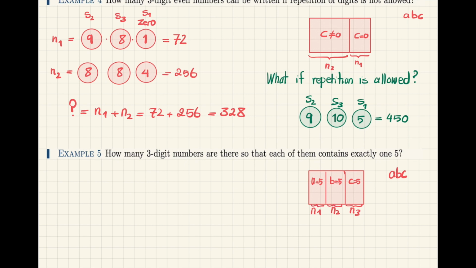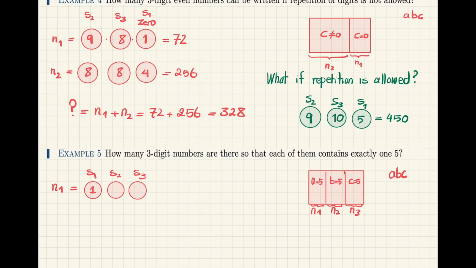For calculating n1, the first digit on the left-hand side is supposed to be 5. How many options are there? Only one. I will take this as stage 1, stage 2, and stage 3, so I have 1 option here. Repetition is allowed, since it is not mentioned.